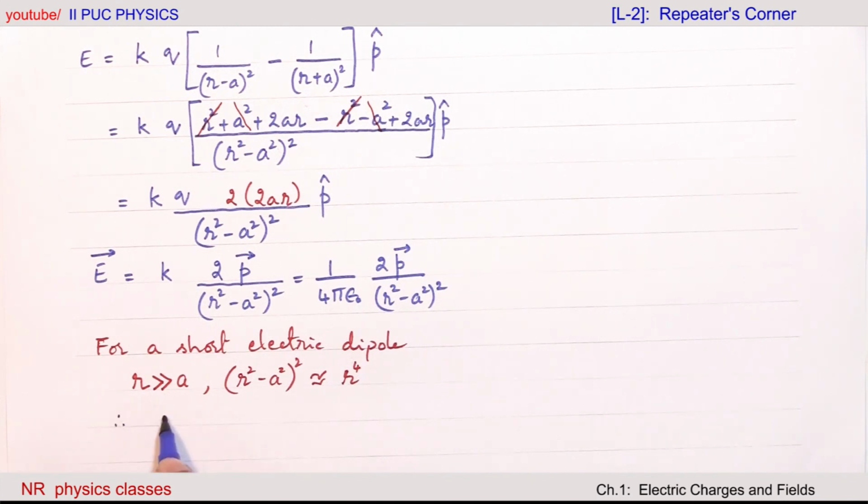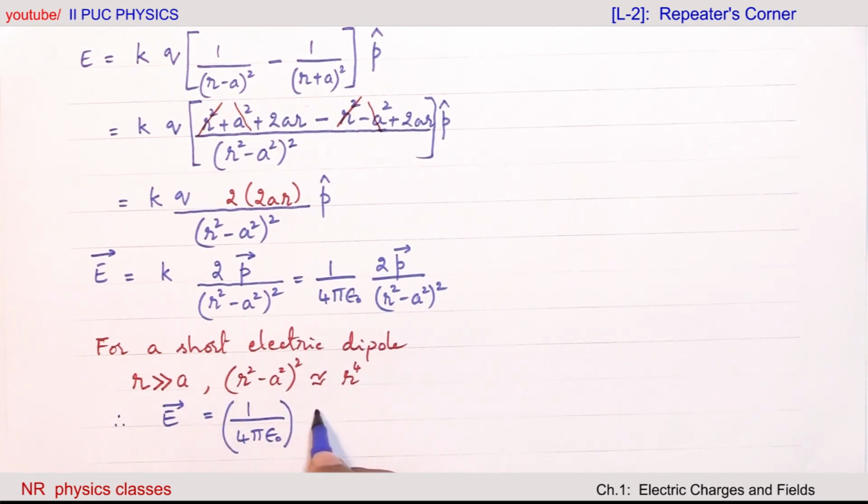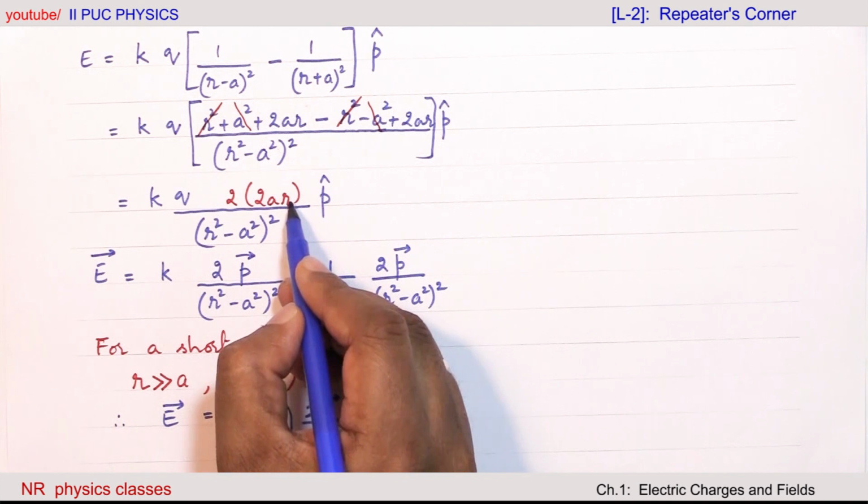Therefore, electric field E equal to 1 by 4 pi epsilon naught, 2P by R to the power of 4. There should be an R here.